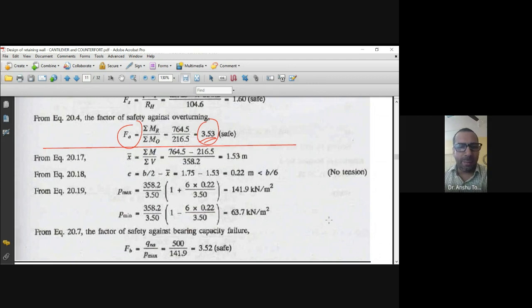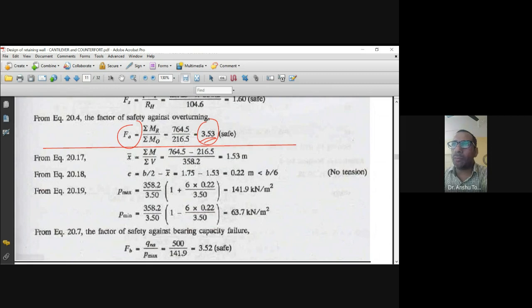इसके बियॉन्ड अगर ये भी पूछा जाता है कि आप मिनिमम और मैक्सिमम स्ट्रेसेस एट द बॉटम ऑफ द बेस स्लैब निकाल के दिखाओ, तो उसके बाद आपको एक्स बार निकालना है, e निकालना है, B by 2, टोटल जो बेस स्लैब है उसका हाफ करके उसमें से एक्स बार को माइनस करके e आ जाएगा, और e को आने के बाद ये वैल्यू पुट करनी है यहाँ पे.